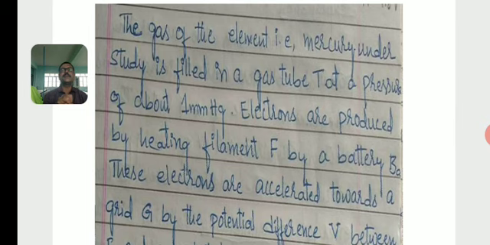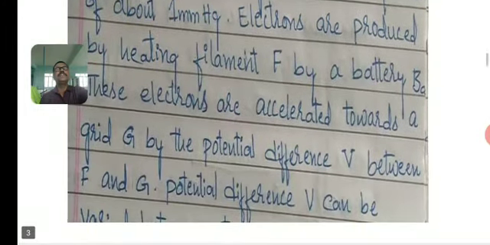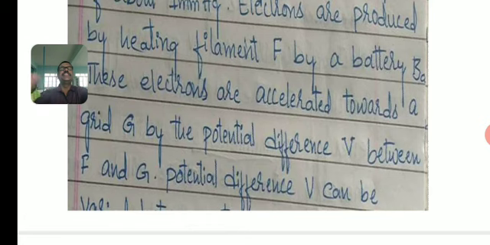Electrons are produced by heating the filament F by a battery Ba. These electrons are accelerated towards a grid G by the potential difference V between F and G.